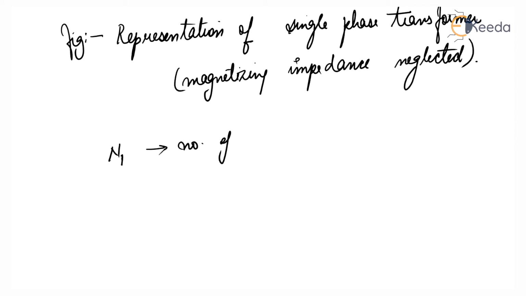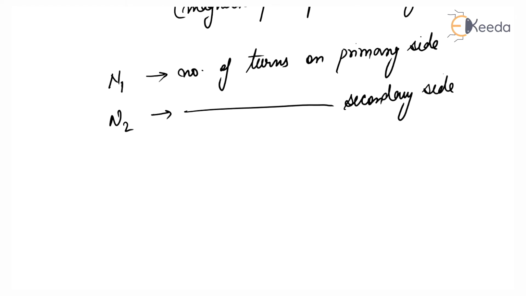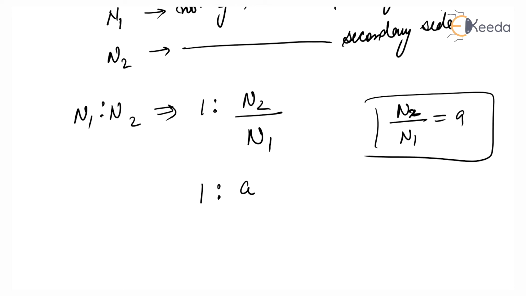So the ratio of N1 to N2 we can write as 1:N2 by N1, and we can refer to N2 by N1 as A. So this is equal to 1:A. That's why the transformer ratio is 1:A.